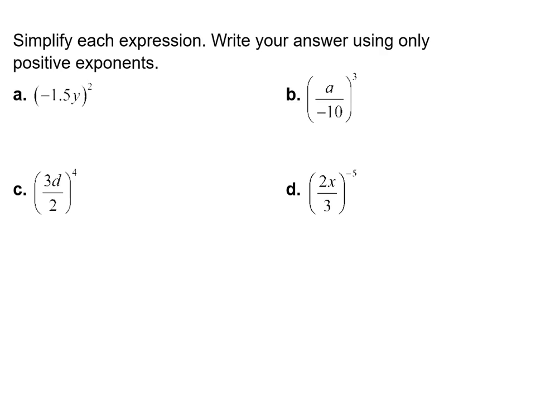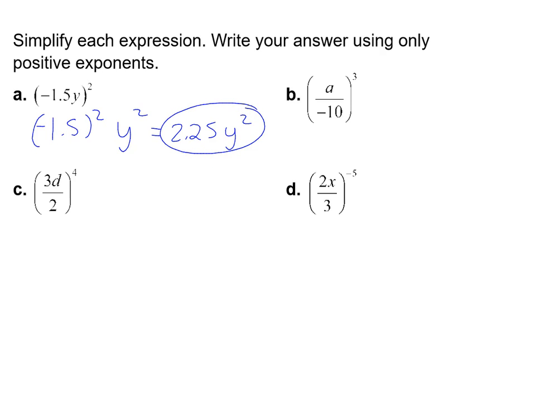So when we look at something like this, negative 1.5y squared, both the negative 1.5 and the y are both going to be squared. So negative 1.5 times negative 1.5 is 2.25, and then we have y squared.